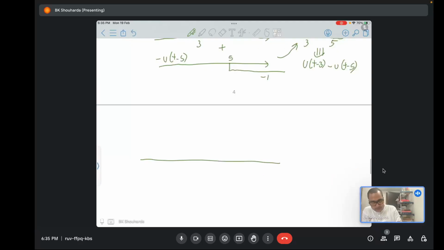Let me give some random example that will help illustrate this process in a much more interesting and interactive manner. Let me say this is 2, this is 5, this is 7, this is 1, this is 3, this is 4, this is 0, minus 1.